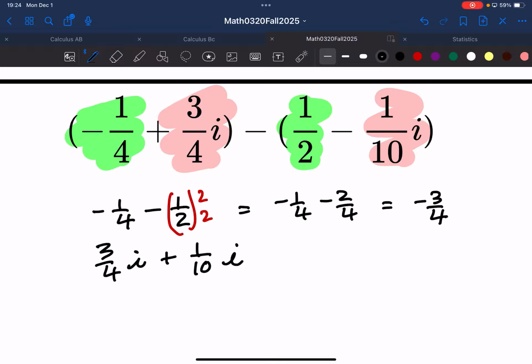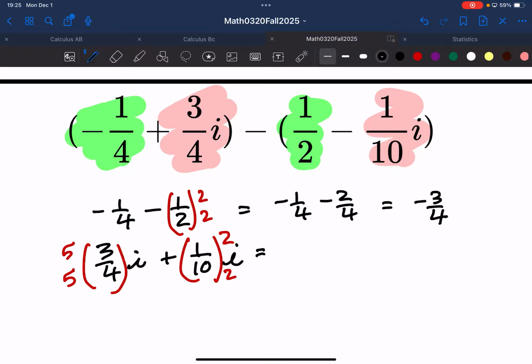And then what would be the common denominator for the imaginary part? Oh, I thought we were doing the one below that. Oh, well then you got it right, 20. 20 is the one that would work for both, because we would multiply this one by 5 and this one by 2. Wait, why is it plus?